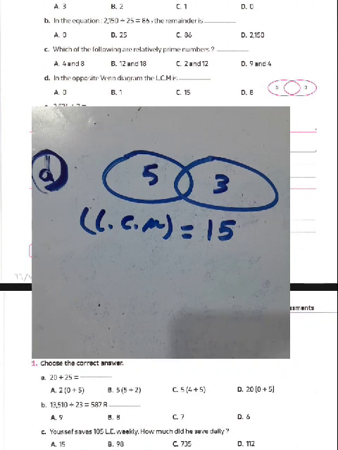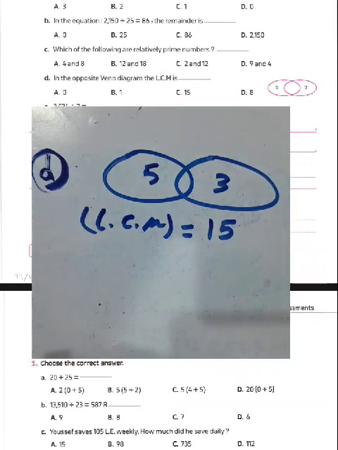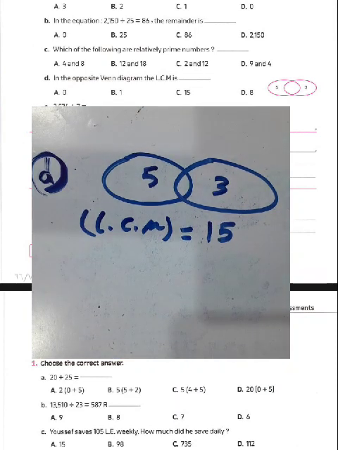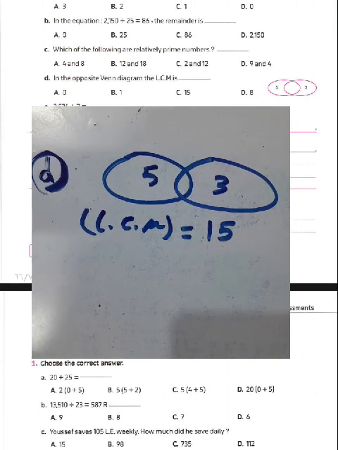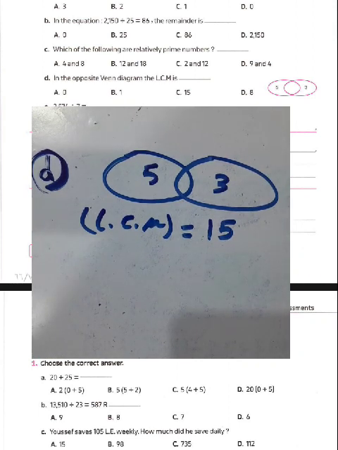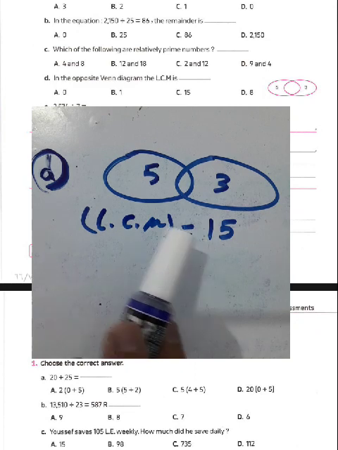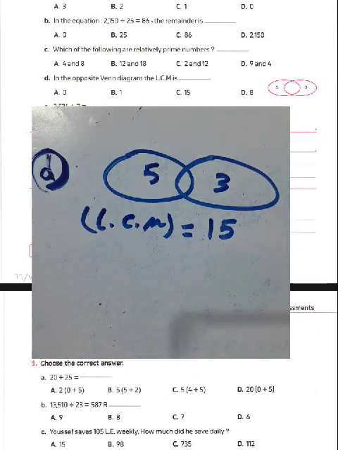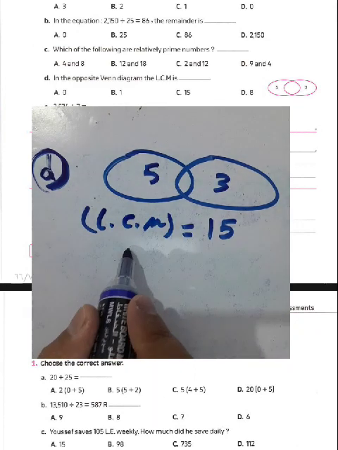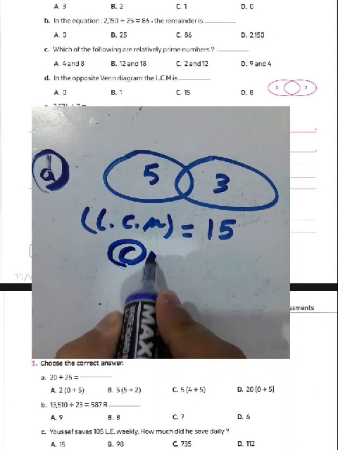We know 5 and 3 are prime numbers. A prime number has only two factors: it can be divided by itself and 1 only. About this example, the least common multiple between 5 and 3 will be 15. Choose letter C.